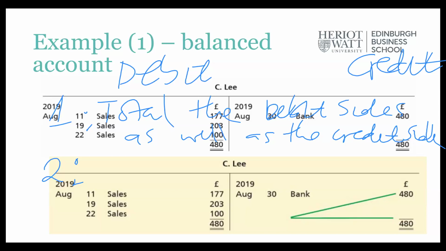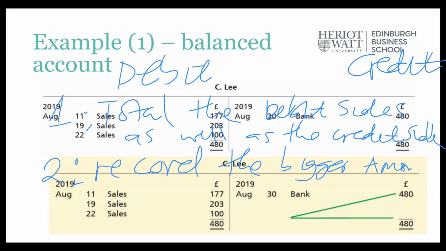When you're done totaling, you're done adding up, then number two, record the bigger amount on both sides.